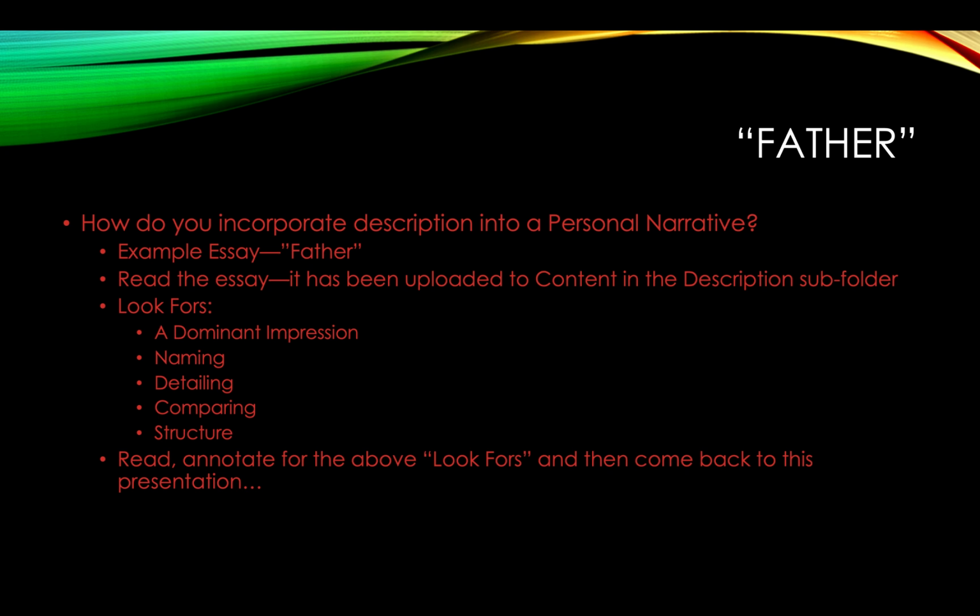I think her name is Jan, but I cannot remember her last name, and it's not right in front of me. Hold on, let me see if I can find it. Pretty sure I had it just a second ago. I'm not going to find it. But the author does do a great job of creating a dominant impression. So what is that dominant impression? I want you to figure that out.